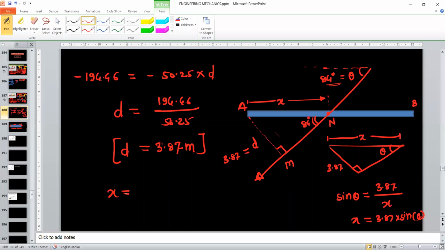So your x distance, that is nothing but distance AN, is equal to, sorry, 3.87 divided by sine 84.